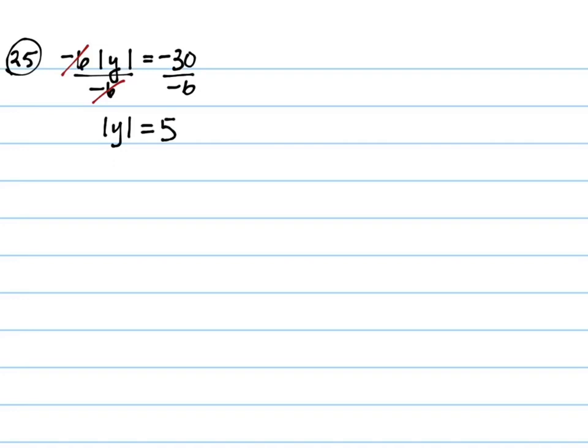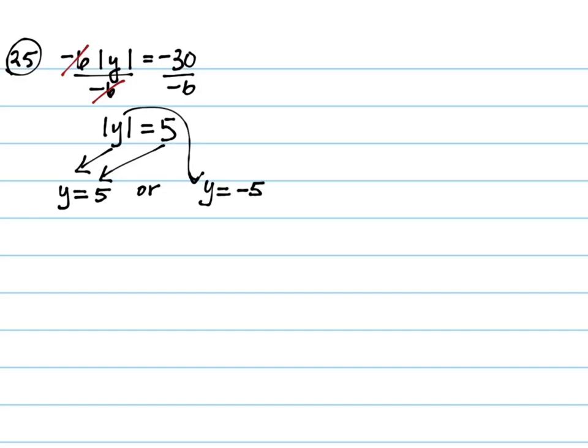Yeah, that's just 5. Okay, so once I have it in this form, no matter what's inside of the absolute value, then I'm able to set things equal to the other pieces. So there's two options. Either I would have the y value equal to exactly what's already here, 5, or I would have the y value inside here equal to the opposite, which would be -5.